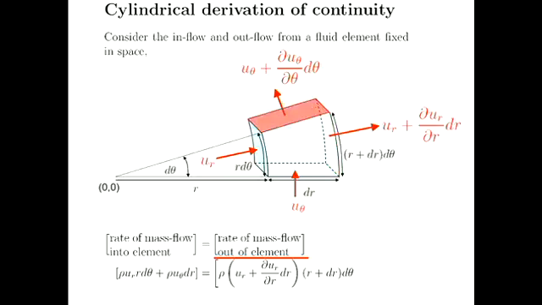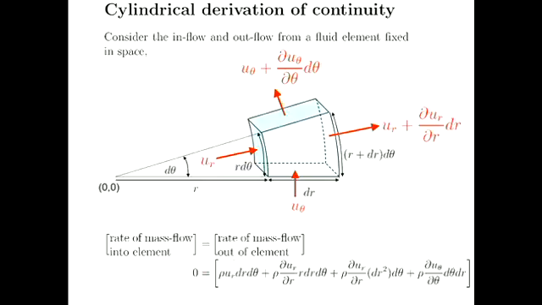And we've got mass flux out through that upper surface, which again looks nasty, but is just density times velocity times area, okay? So what happens here is that some of those terms drop out immediately. And when we multiply out those brackets, we're left with this behemoth at the bottom here, okay?